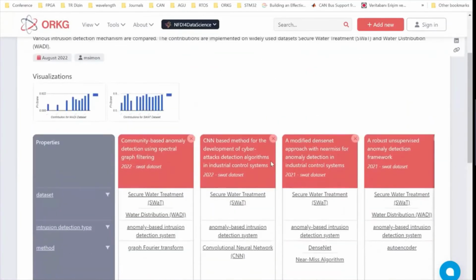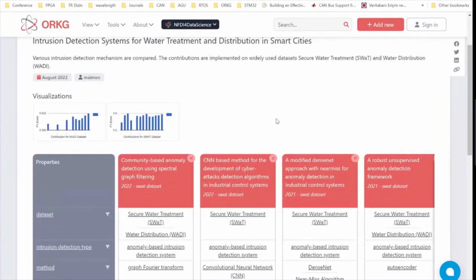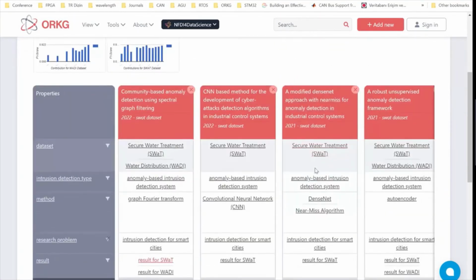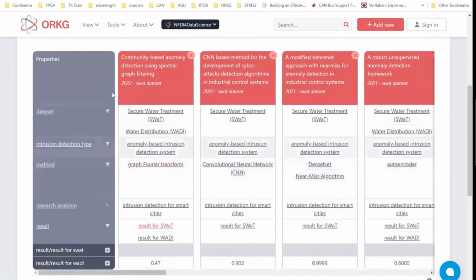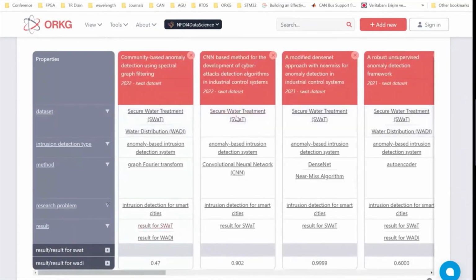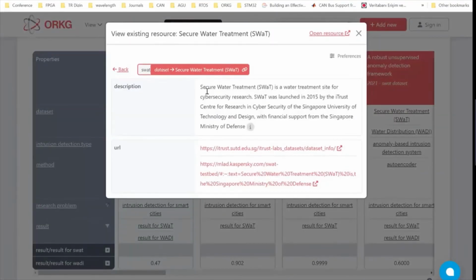For example, here, instead of the Controller Area Network, we have another contribution comparison related to intrusion detection systems for water treatment and distribution for smart cities. Here we have a similar architecture. We have the data set. We can understand that all of the papers are using the secure water treatment dataset, and when we click the dataset, we will have the information and URL about that dataset.